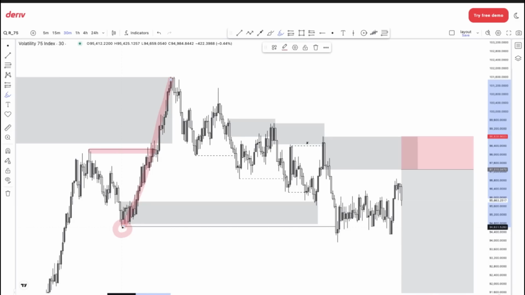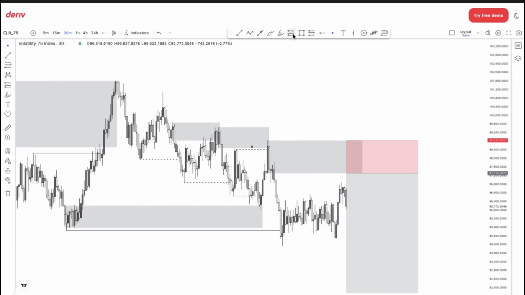So we are currently trading within this range low and this range high. So if ever we want to start looking for some potential selling opportunities, we would have to wait for price to break the most recent low, right? So this is the most recent low. So did we get that break of structure there? Yes, we got that break of structure.